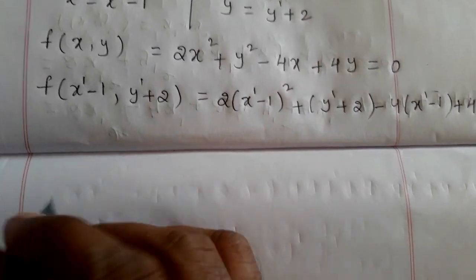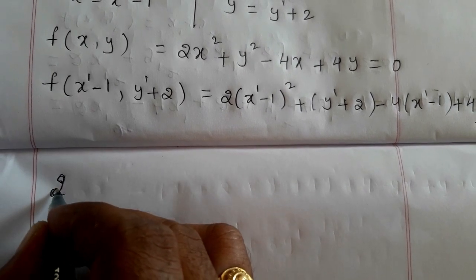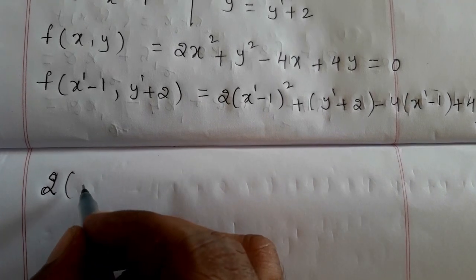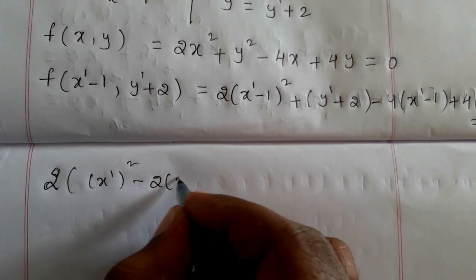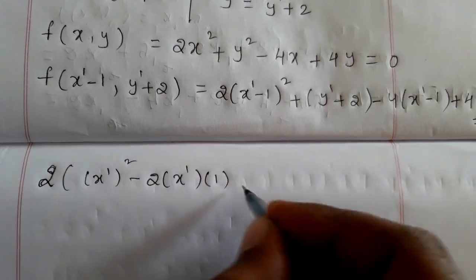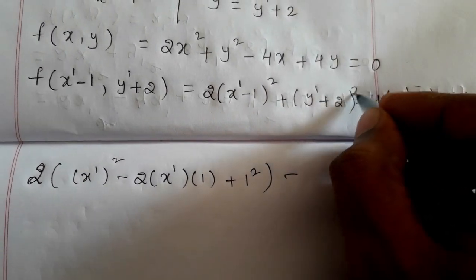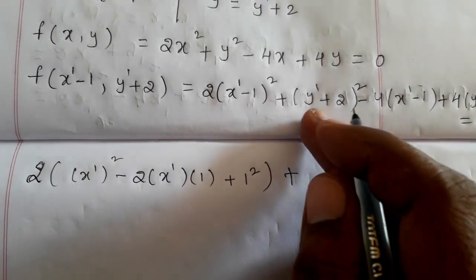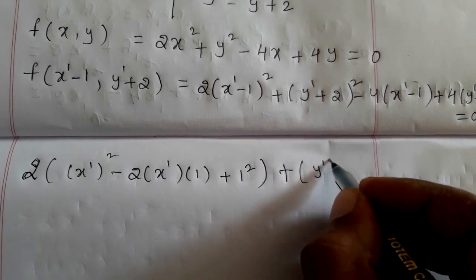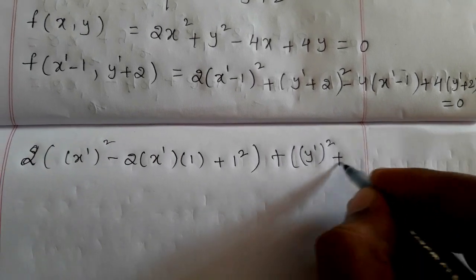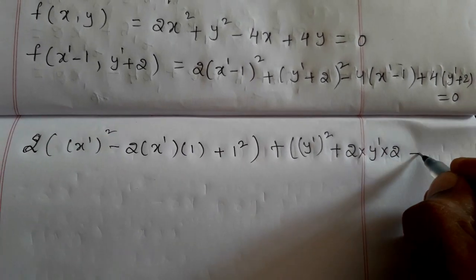Okay, now we will see the next step. 2 times (x' − 1)², which is of the form (a − b)², so first we write a², minus 2ab, and b² is 1². Here (y' + 2)² is of the form (a + b)², so a² is y'², plus 2ab, 2 into y' into 2, plus b².